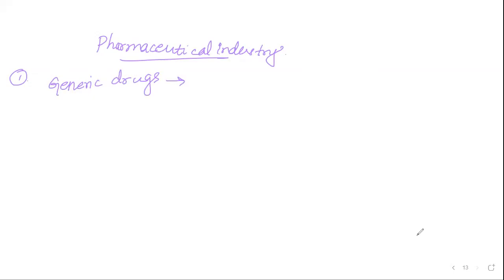Generic drugs, like, what can you say? Dolo 650. Heard of Dolo 650? Crocin is an international commodity, an international product. Now we copied that formula and created a generic drug, which is Dolo 650.